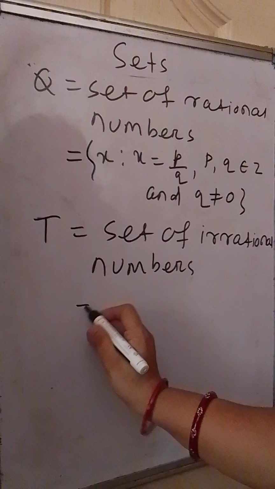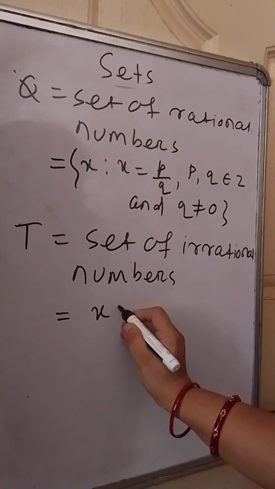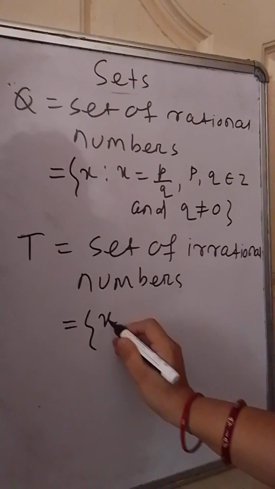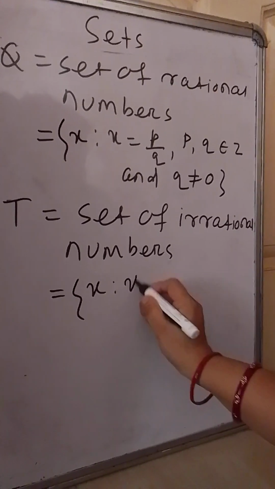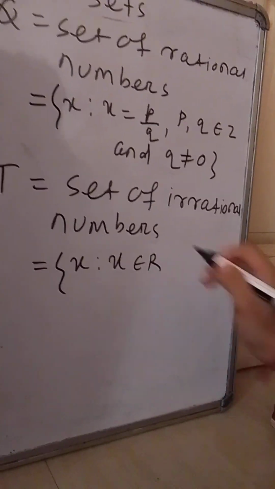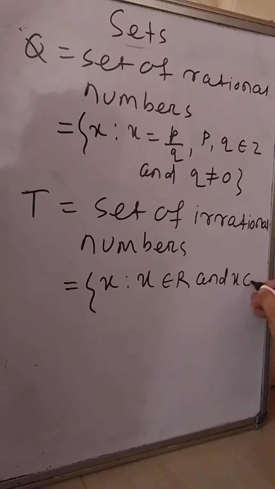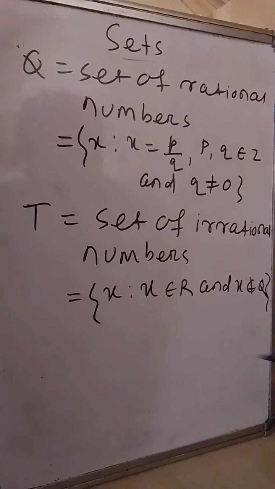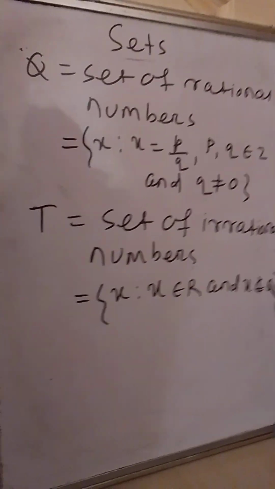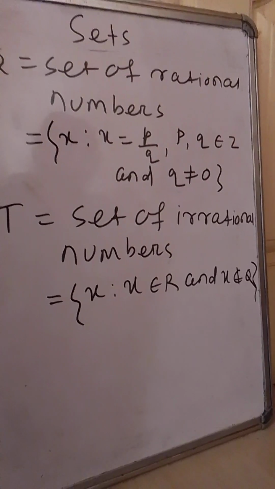So here we can write in set builder form. That means we can write a collection of all elements x such that x belongs to R, meaning x is a real number, and x does not belong to Q. Means the elements which are not rational are irrational numbers.